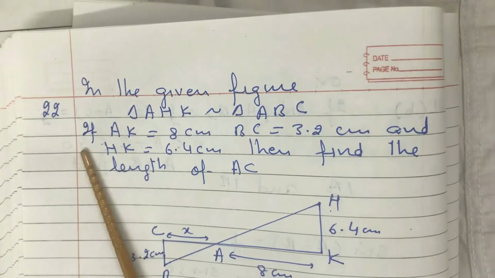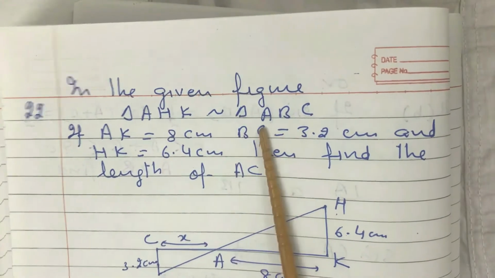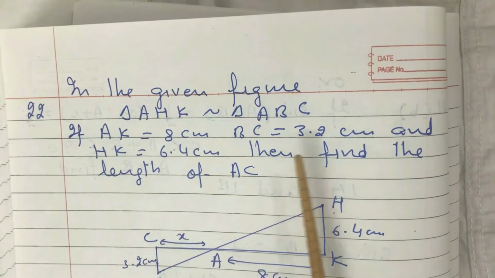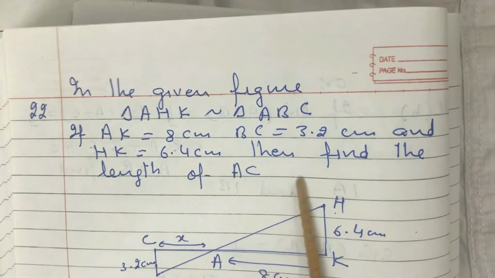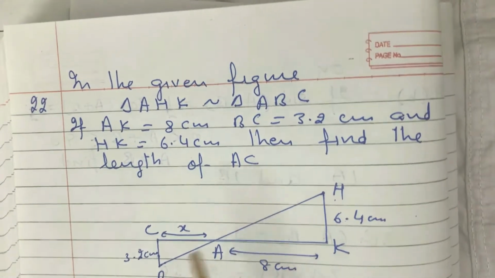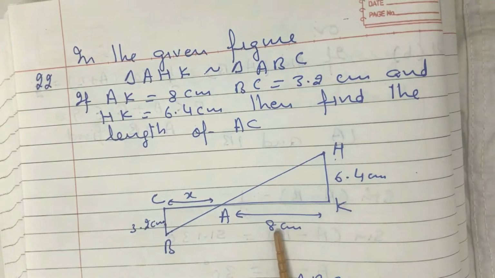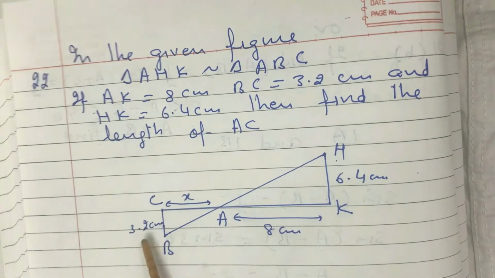Now 22nd question. In the given figure, triangle AHK is similar to triangle ABC. If AK is 8 cm, BC is 3.2 cm and HK is 6.4 cm, then find the length of AC. This figure is given to us. So AK is given 8 cm, HK 6.4 cm and BC 3.2 cm.